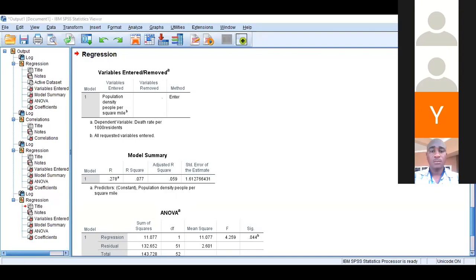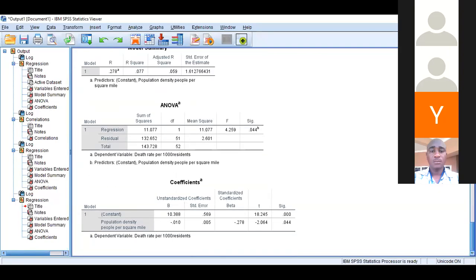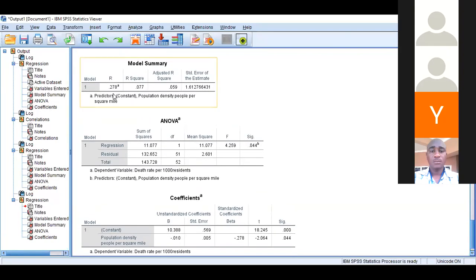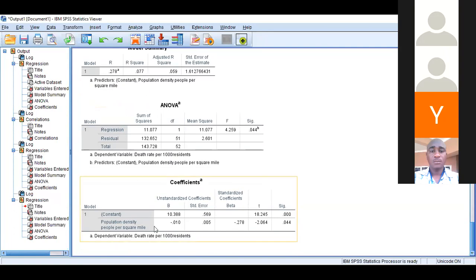The last one, if you look at it, the R square is 7.7%. This is the one that has the highest. Because it's moving in the opposite direction, you can see the slope is negative and the constant is positive.